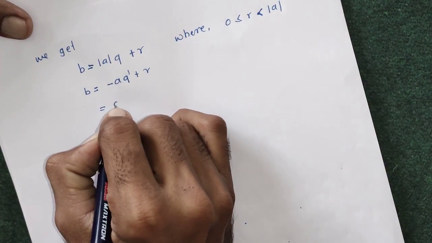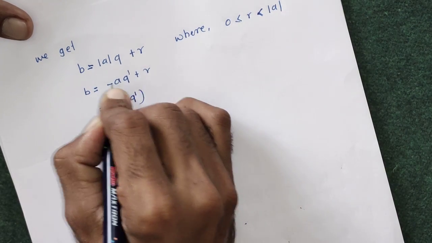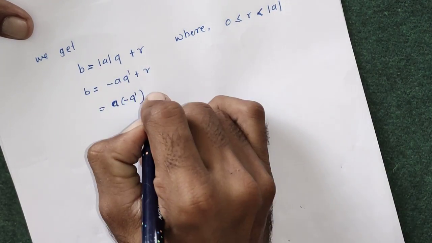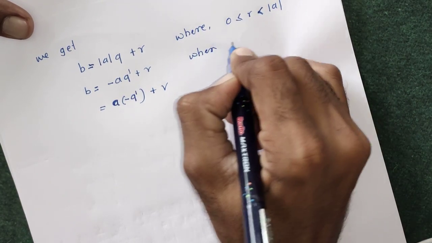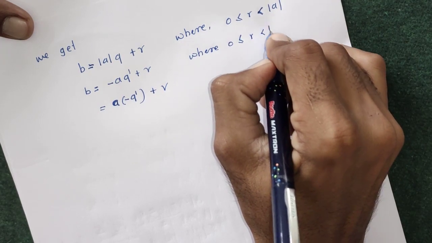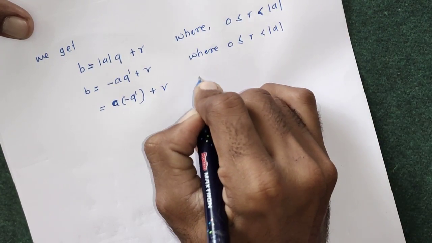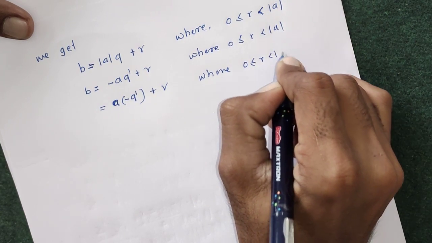So we can write it as a into minus of q prime, multiplying the minus sign here, plus r, where 0 is less than or equal to r is less than mod a.